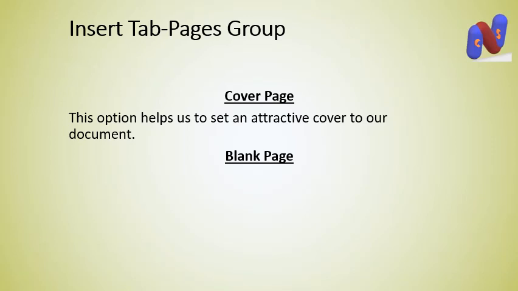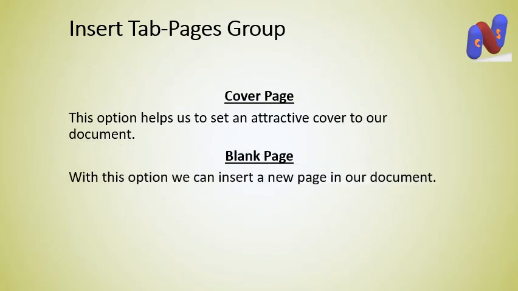A blank page. With this option we can insert a new page in our document. As we know that if one page becomes full, MS Word automatically inserts a page for further writing.